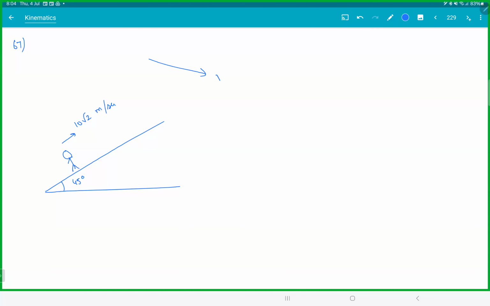The rain is falling like this. V rain with respect to ground is 25 meters per second, and this angle is 37 degrees. Same thing. At what angle does he see the rain? Now here rain is also falling at an angle. The man is also going at an angle.